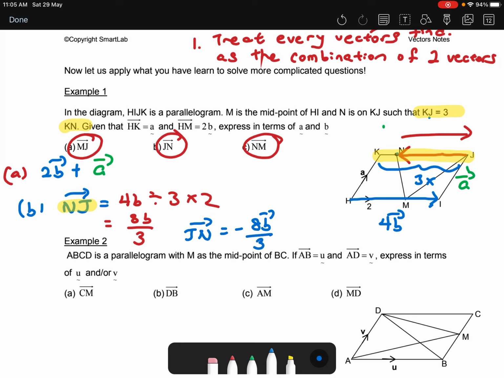Okay, last but not least will be NM. NM is this, from N to M. For this, I need 2 arrows to combine to give me NM.